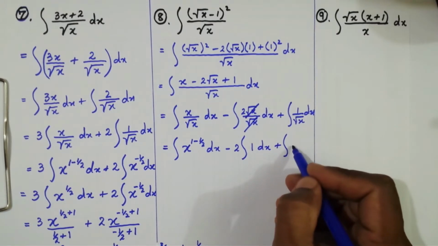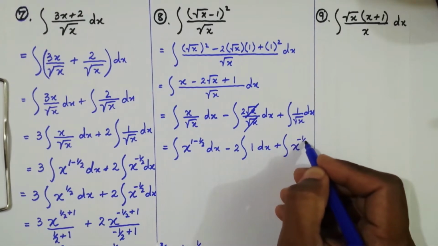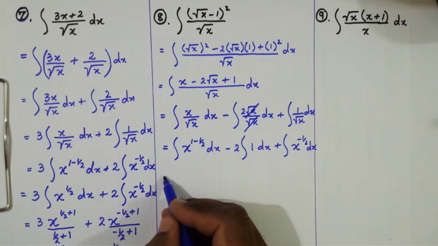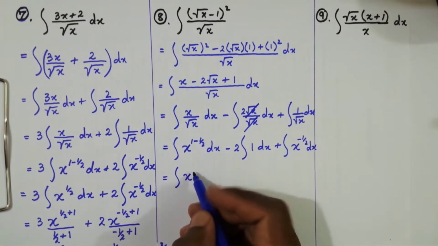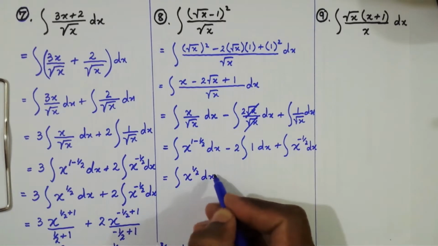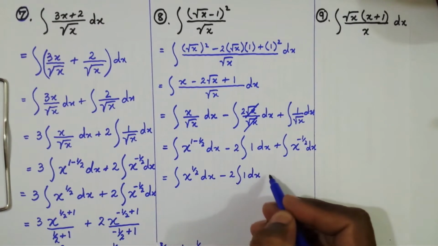Here you will move this variable towards the numerator by changing the sign of its power. Now after simplification, here power is 1 by 2. Remaining terms you will write as it is.